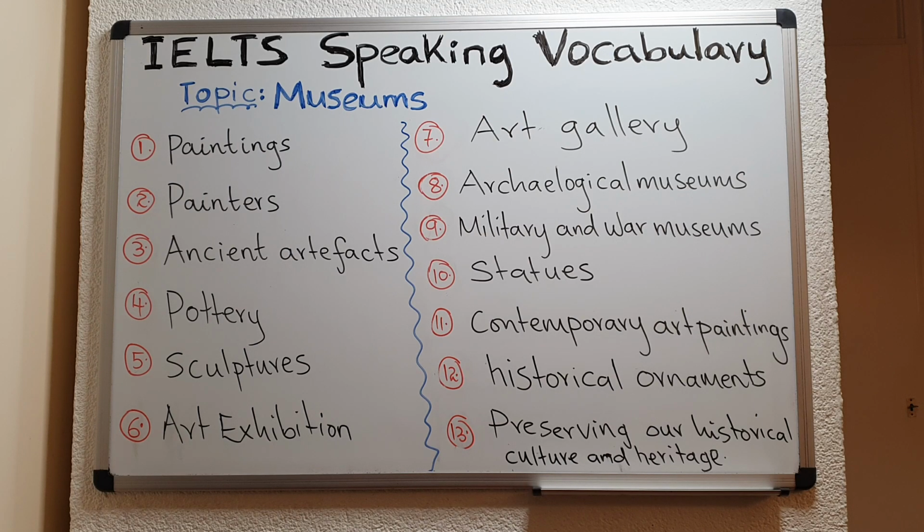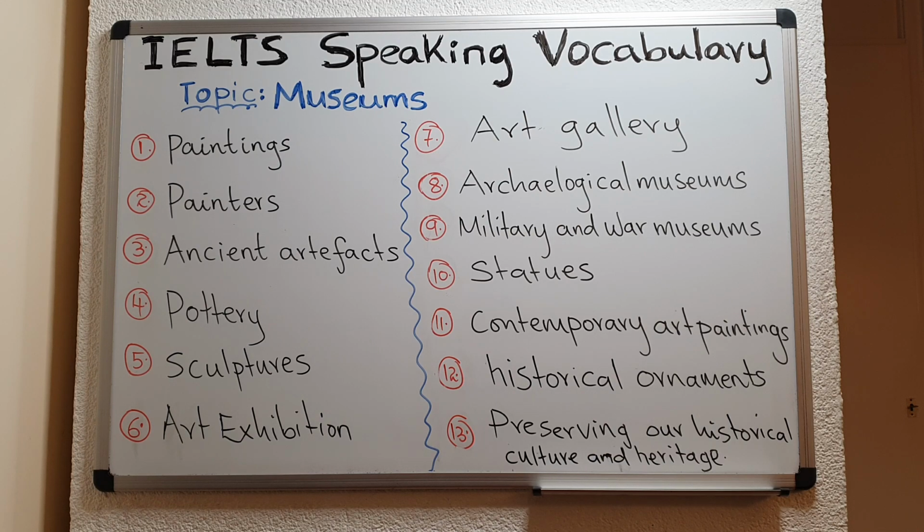So pottery refers to the pots and dishes and other items that are made of fired clay. The reason why they're in the museum is because they have some kind of historical past. Maybe they have been dug out from the ground by some archaeologists, for example.